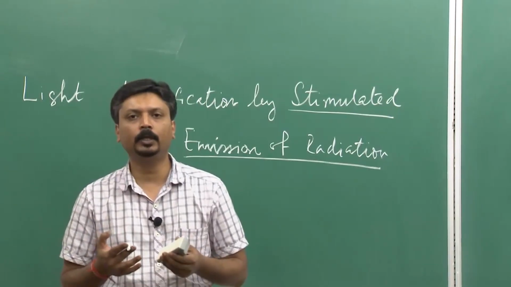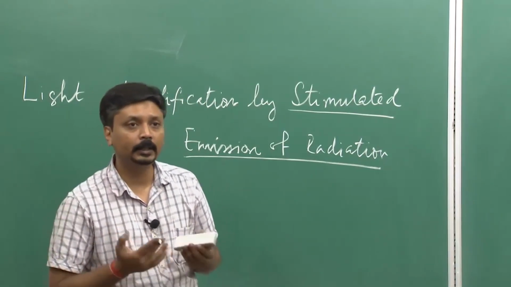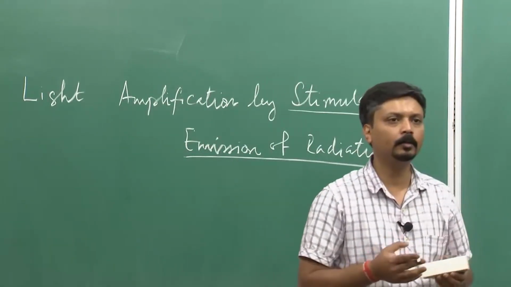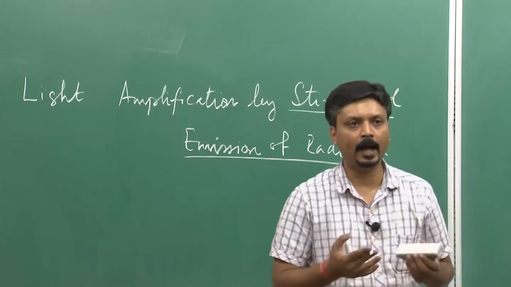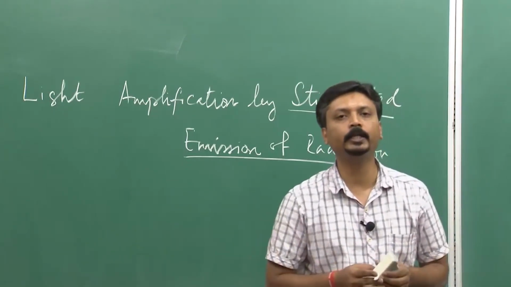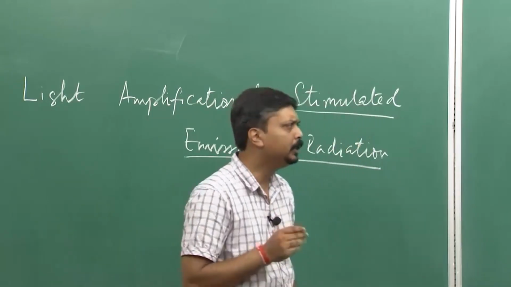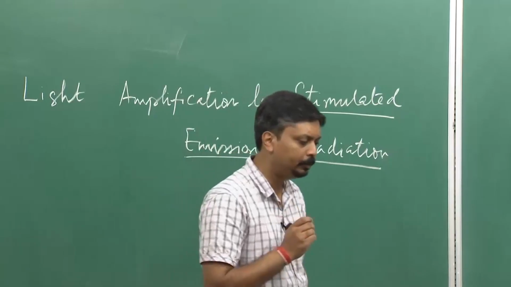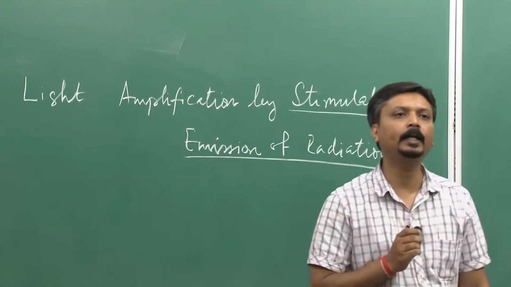So, in a word, what are the optical transitions that are possible within a system which can be an atom or an ion or molecule or large material. So, we will start with a simple description of optical transition in an atom.